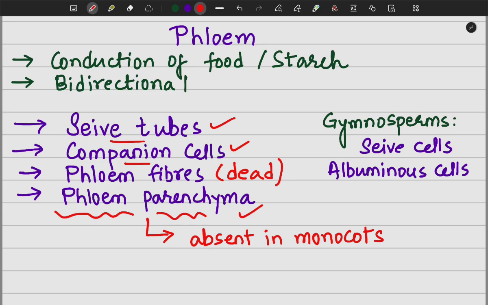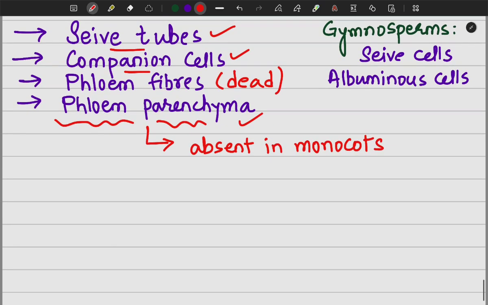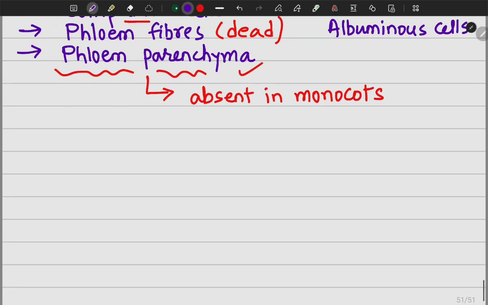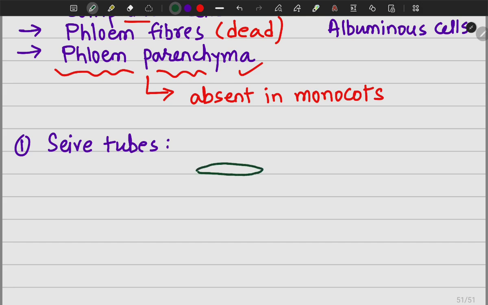Now let us learn about the 2 important components of phloem, that is the sieve tubes and companion cells. If we talk about the sieve tubes, then sieve tubes are long and tube-like elongated cylindrical cells with perforations at their end plate.